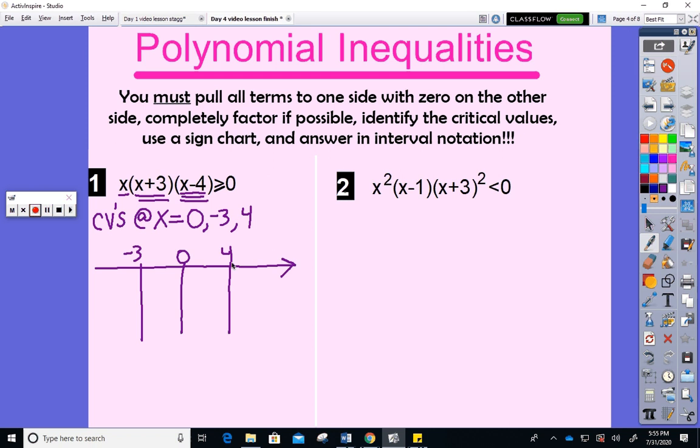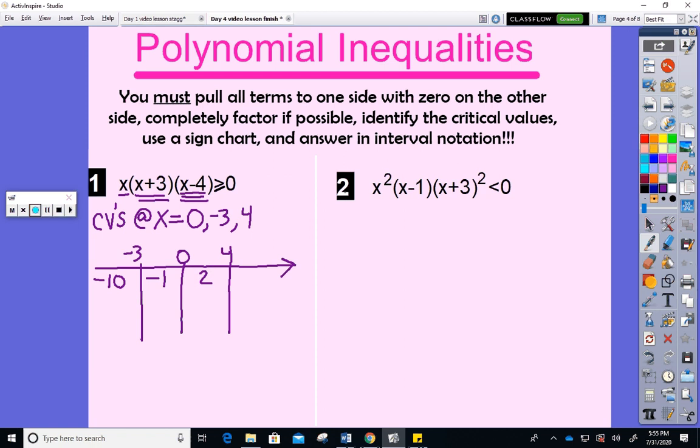Now, the next thing for you to do is to pick a test value in each section of the sign chart. So I need, in this leftmost section, something less than negative 3. Well, I'm going to go negative 10. And sometimes the bigger you can go with your numbers, the more extreme, it'll make the sign chart actually go more quickly for you. So between 0 and negative 3, let me pick negative 1.